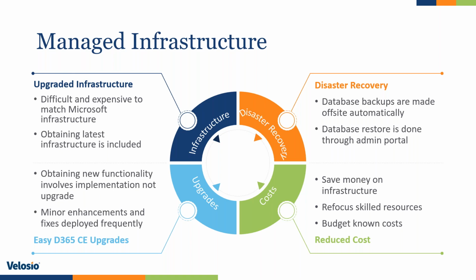And then the last area where you can possibly recognize some reduced cost is when it comes to your skilled resources. When you're running an on-premise environment, in order to support it, you need resources that focus on server management and databases and Active Directory and things like that, IIS. Well, those same skilled resources can now refocus their efforts elsewhere.